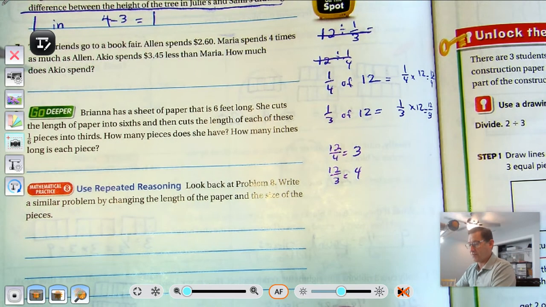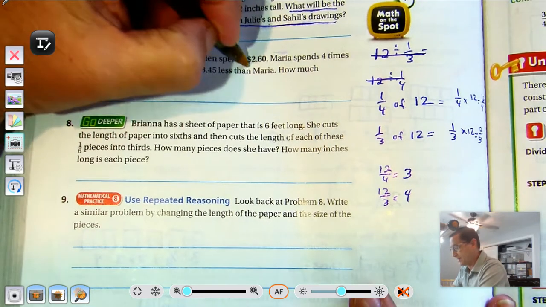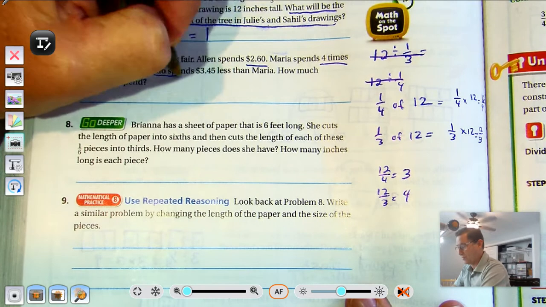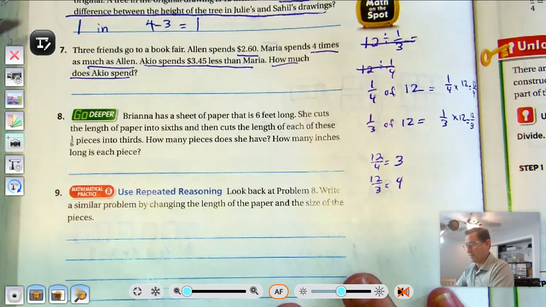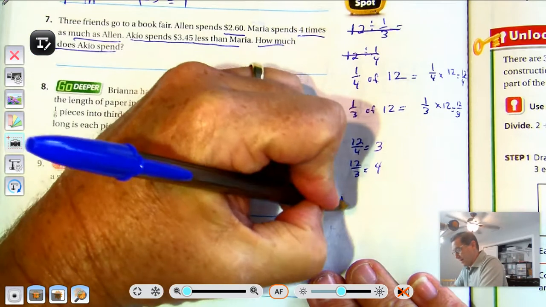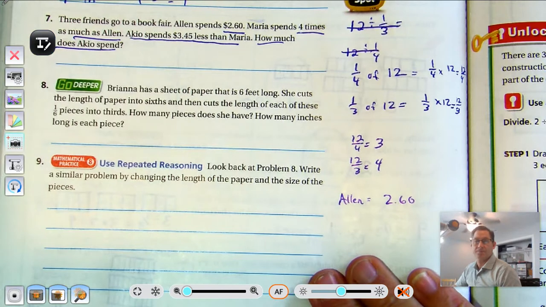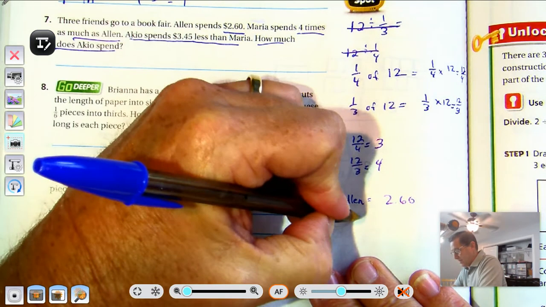Right, number 7. 3 friends go to a book fair. Alan spends $2.60. Maria spends 4 times as much as Alan. Akio spends $3.45 less than Maria. How much does Akio spend? All right, well, let's see. Alan equals $2.60. Maria spends 4 times as much.